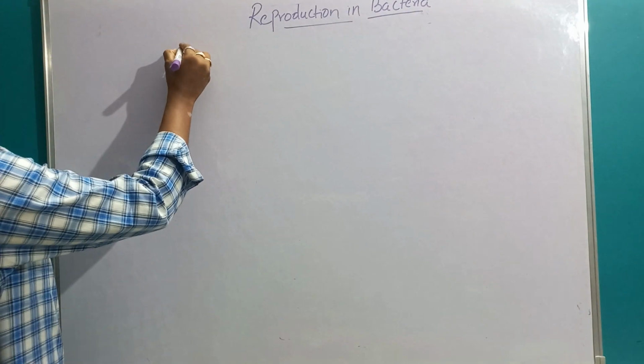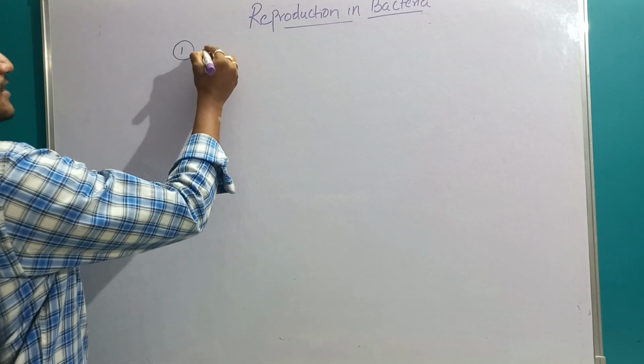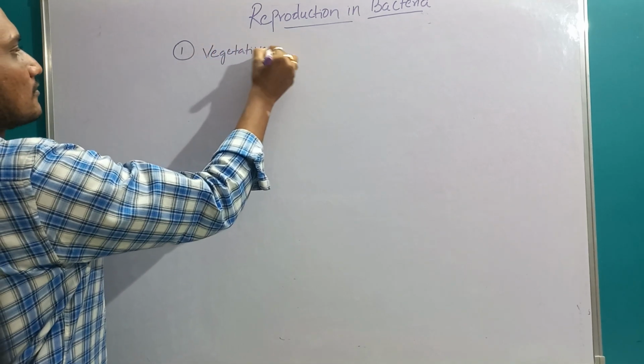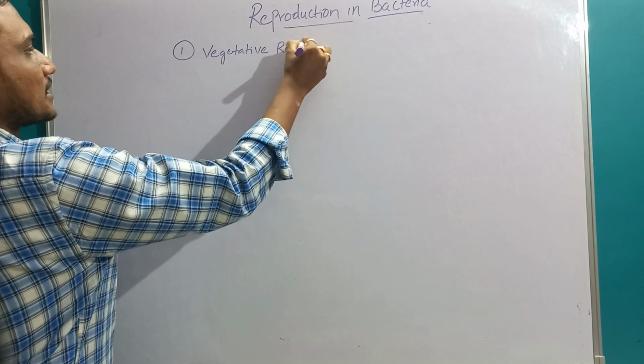The first mode of reproduction is vegetative reproduction.